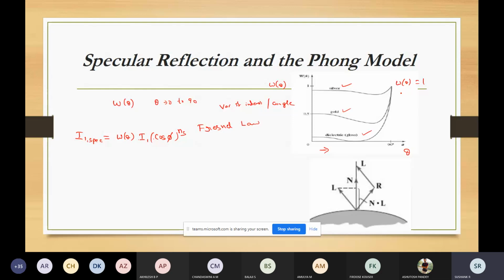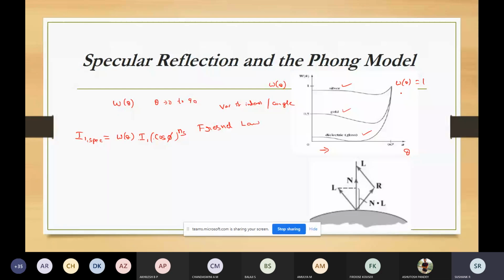This is true in case of glass, gold, and silver. But for some materials, like some opaque materials, some part of the light will be reflected and some part of the light will be absorbed.